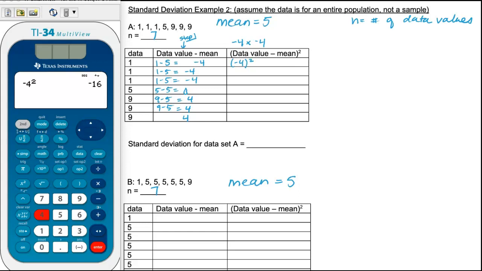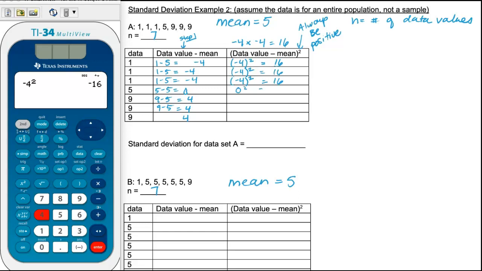A negative times a negative is a positive 16. So you either need to remember that these answers in this column should always be positive, because you're squaring. So in case you forget parentheses in your calculator, just remember that they should always be positive. Or just when you're squaring, don't even bother entering the negative sign into your calculator. Or you could even do it by hand.